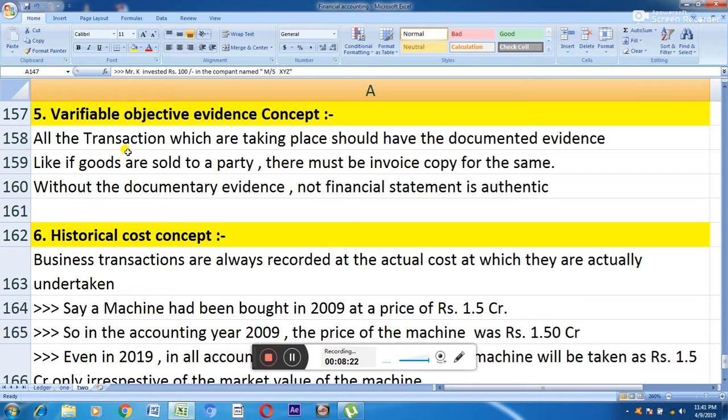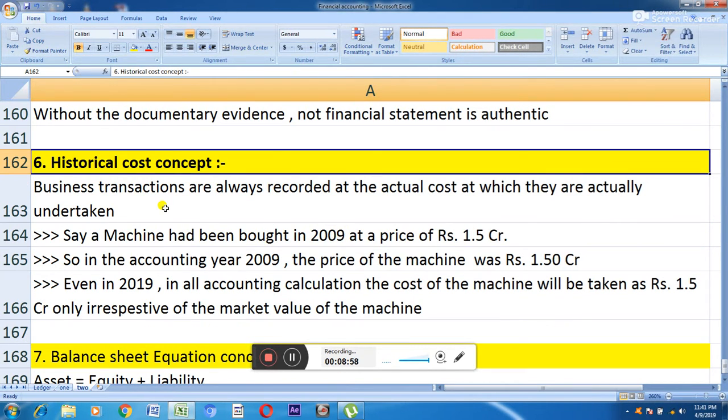To prove the authenticity of the data which has been used to create the financial document, you must have some backup document to prove that. Like if goods are sold to party, there must be invoice copy for the same. So without documentary evidence, no financial statement is authentic.